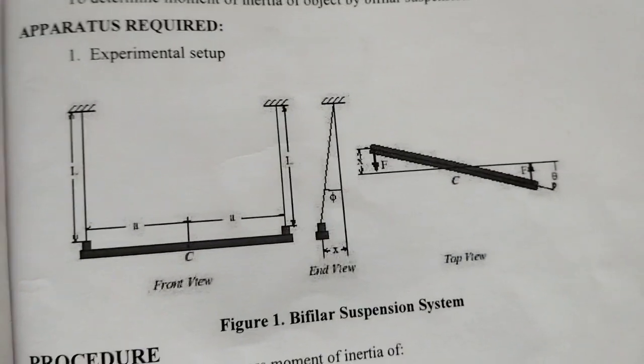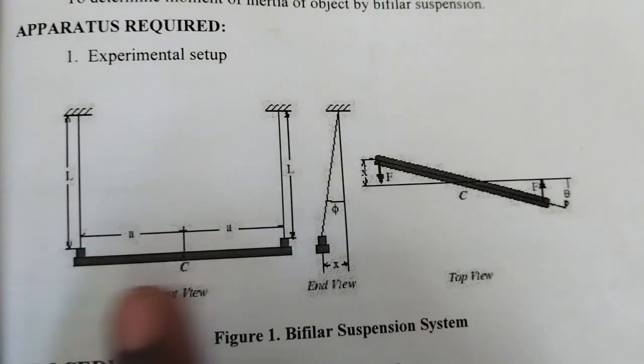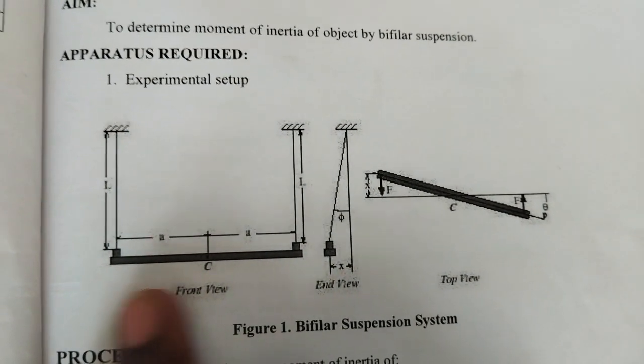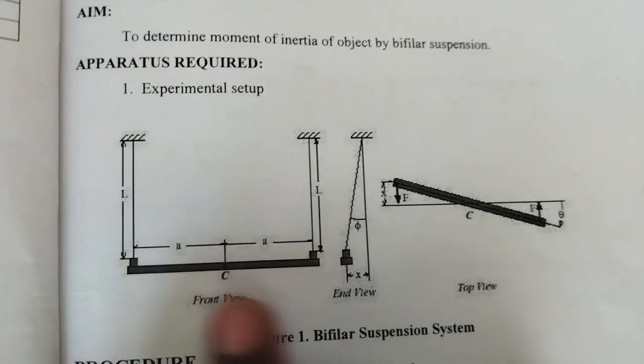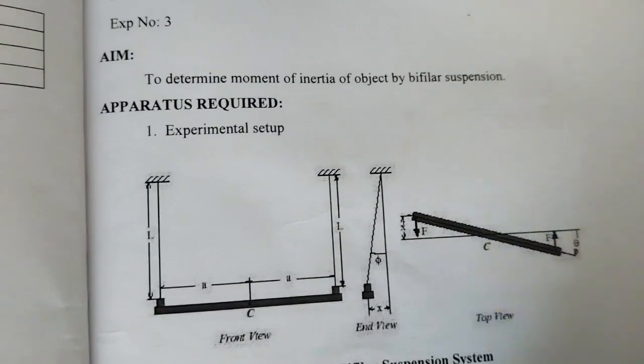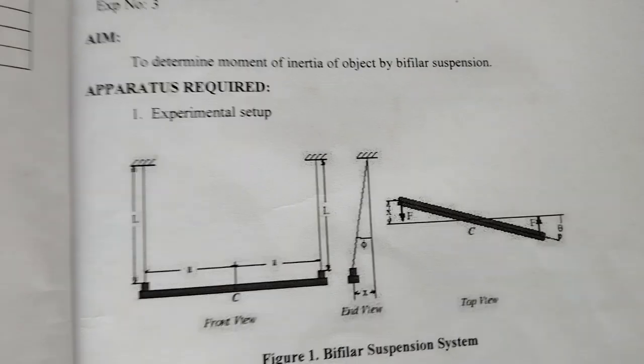So this is the experimental setup for the bifilar suspension system. This is the rod. At the ends we are going to add the mass. Next, this is the oscillation. For this oscillation we are going to take the time taken for one oscillation.